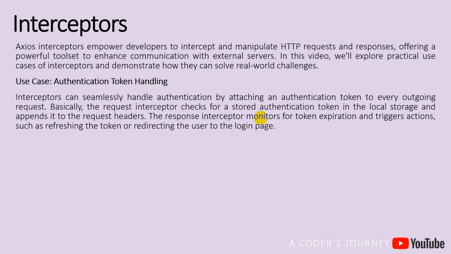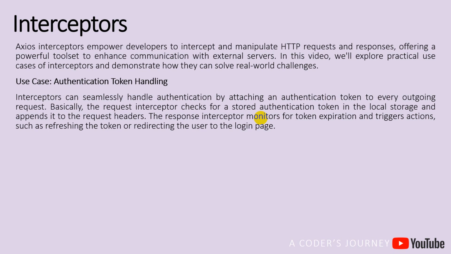So the request interceptor checks for a stored authentication token in the local storage and then appends it to the request headers. In the very first episode of this series, I told you that you must be somehow familiar with JavaScript. So here we are talking about local storage, we are talking about request headers, so you should know what I mean when I say request headers or local storage.